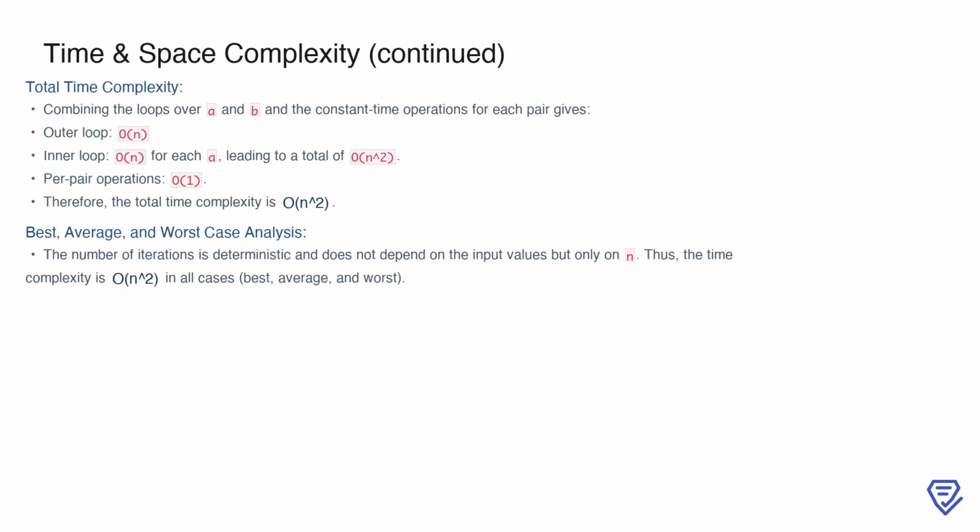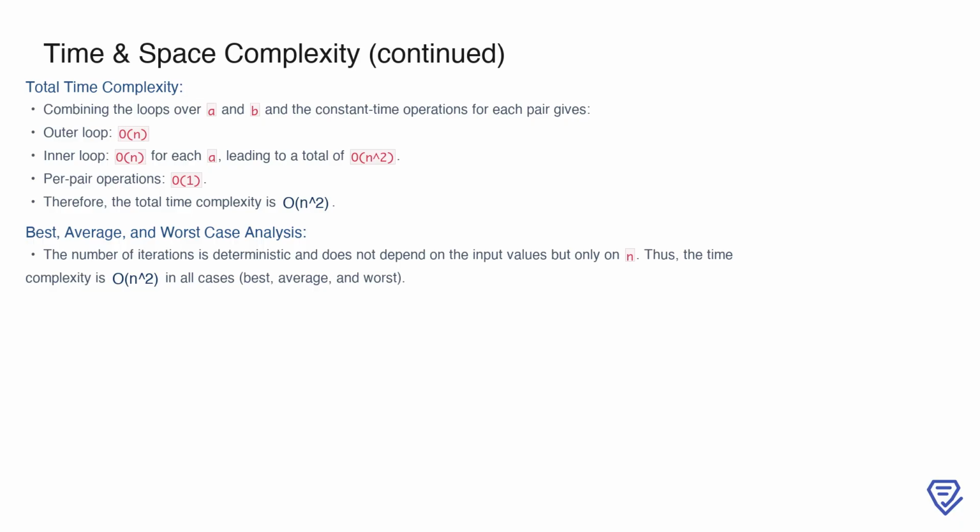To calculate the total time complexity, we combine the contributions from all parts of the code. The outer loop runs n times. For each value of a, the inner loop runs up to n iterations, which leads to a total of n squared for the nested loops. Additionally, the constant time operations performed for each pair of a and b add O(1) per iteration, but this does not affect the overall growth rate.